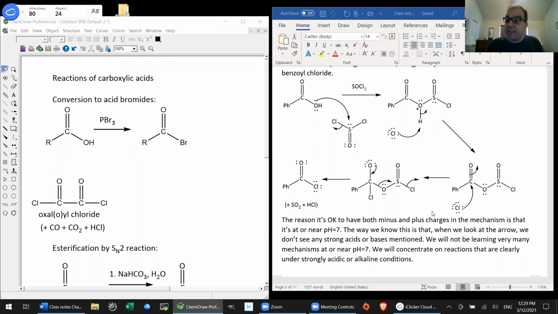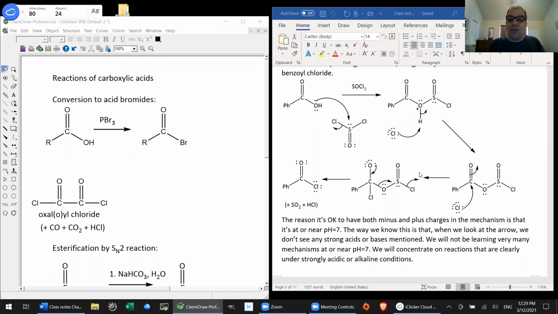So I think we're dead even on chlorides. There's no chloride being either generated or consumed here. This step is the one that provides the main driving force, because you're making this gaseous inorganic byproduct, SO2, that will bubble out of solution and now is gone. So that's going to drive the reaction forward.